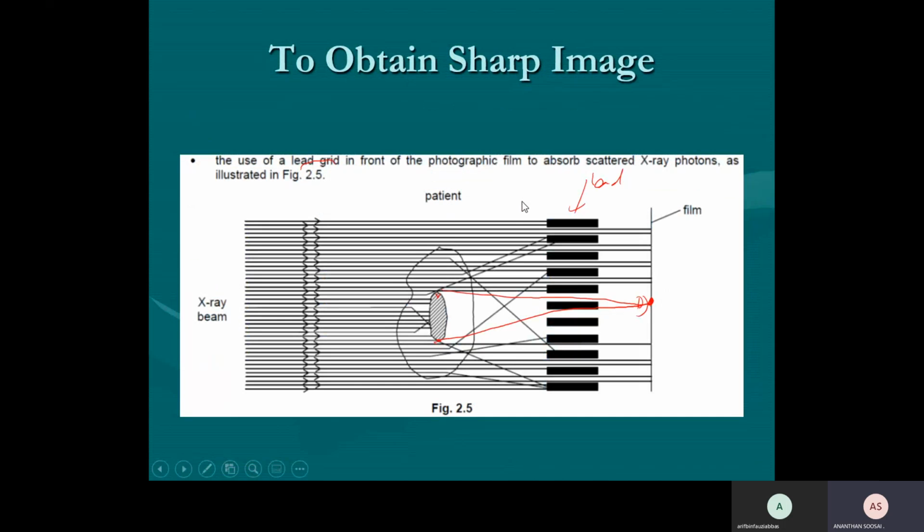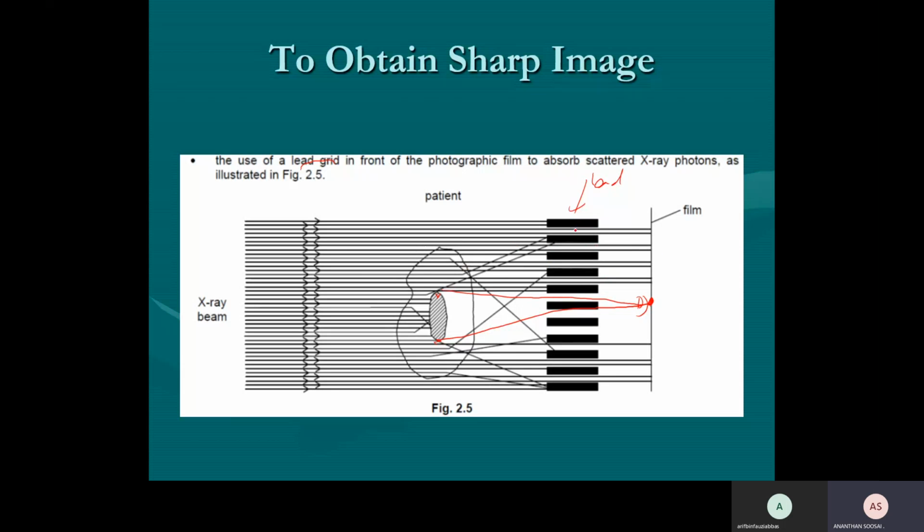So what they do is put a lead grid after the X-ray passes through. When the X-ray is diffracted, the lead grid will absorb that X-ray. It cannot pass to the film; it will be blocked by the lead grid. Only the parallel ones are allowed to pass through.